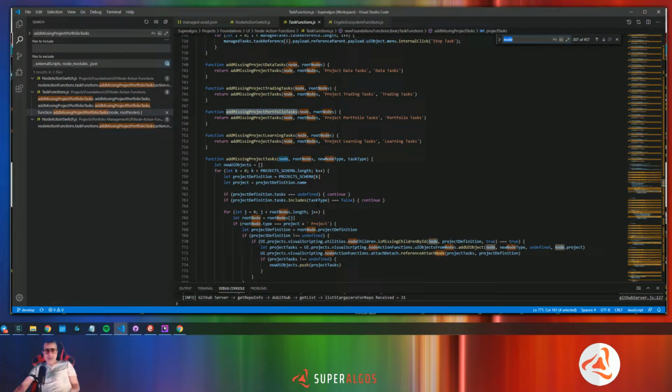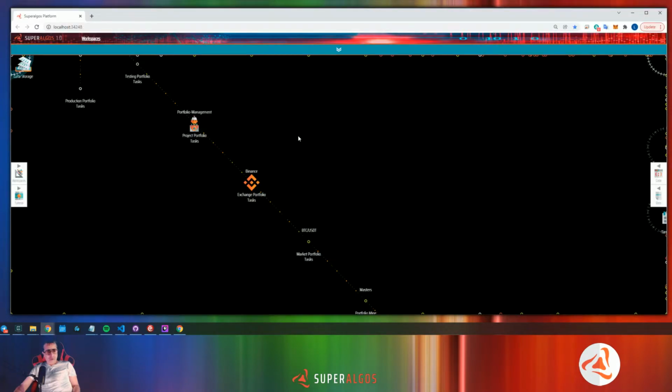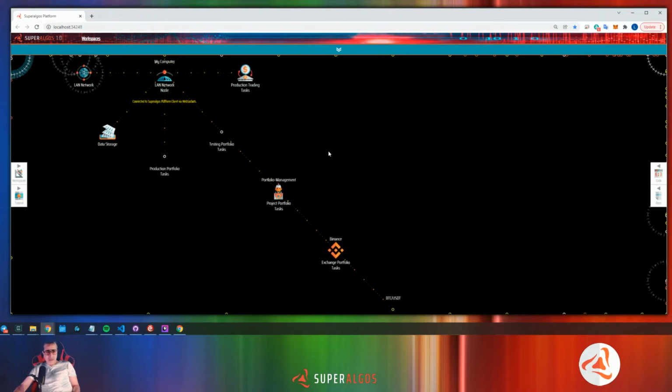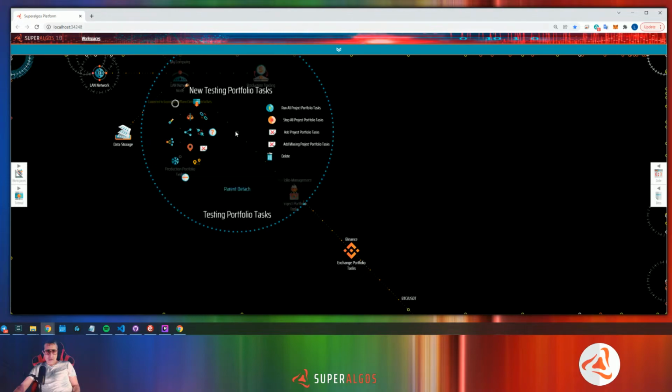Add missing project portfolio tasks. Who is this node that has this? Add missing project portfolio tasks.